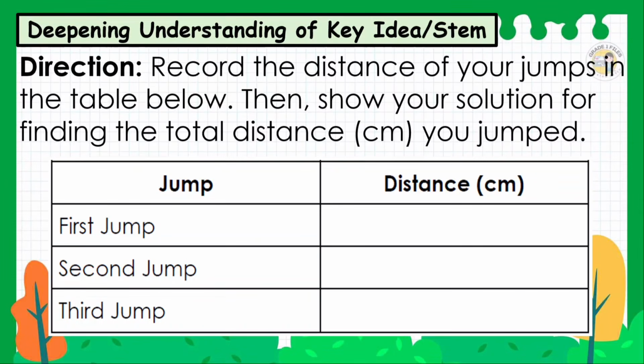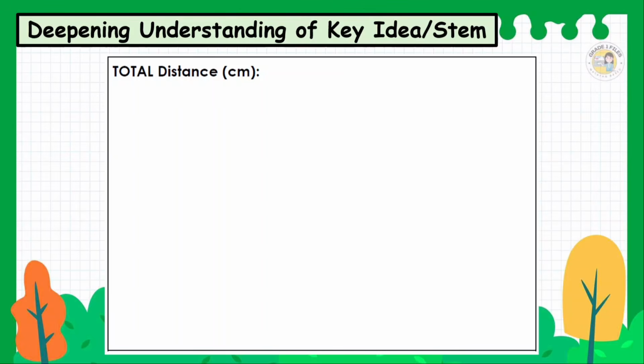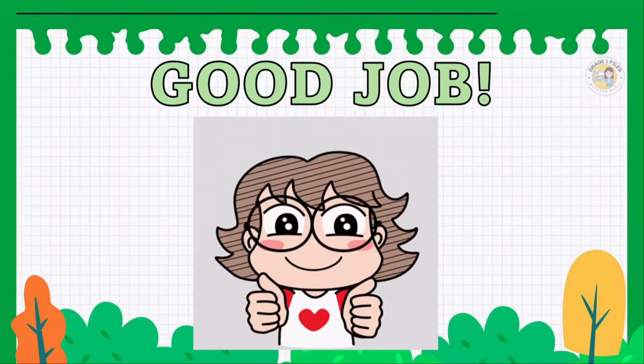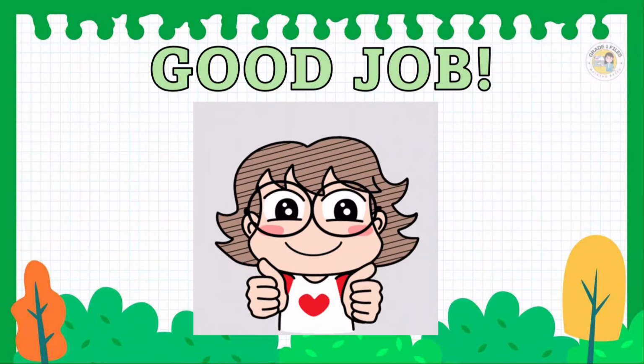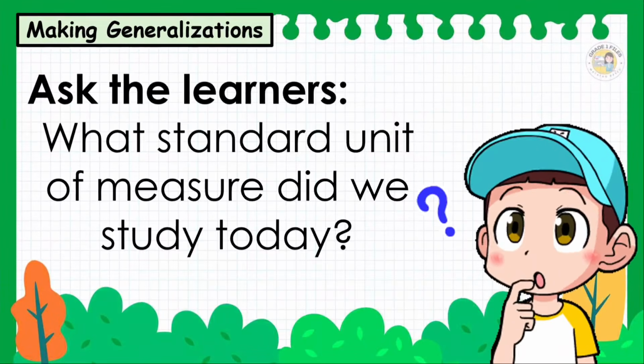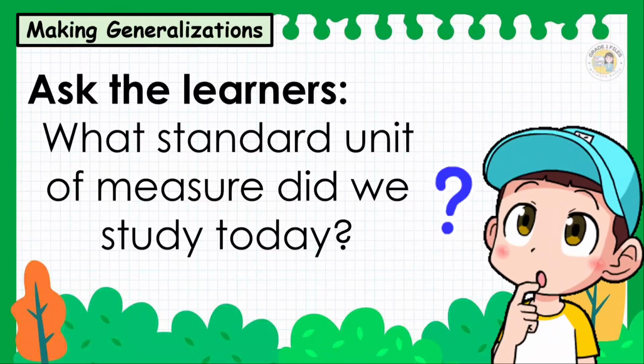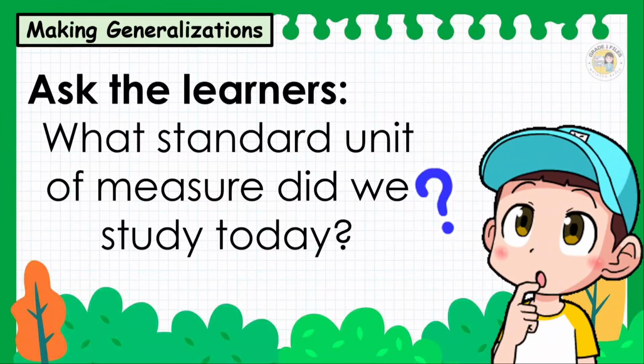Record the distance of your jumps in the table below. Then, show your solution for finding the total distance or the centimeters you jumped. What standard unit of measure did we study today?